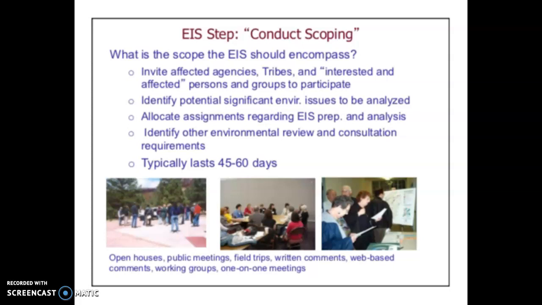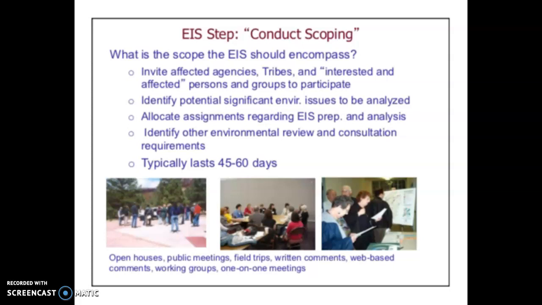What's determined during the scoping process is what the EIS should encompass, and these are the people mentioned in the previous slides: Tribes, other interested and affected persons, other agencies. They want to identify potential significant environmental issues to be analyzed.